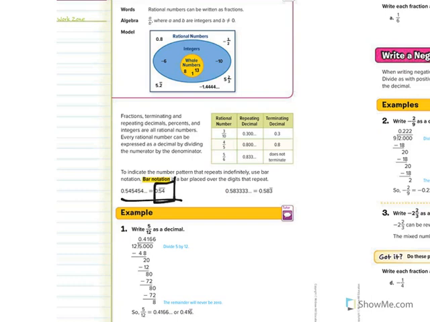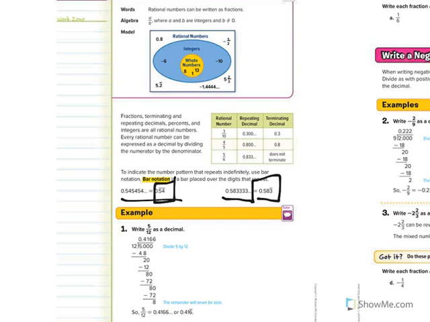You just write the digits that are repeating and place the bar over top of them. It's important that the bar is over all of the digits that are repeating. If you look at this example, 0.5833333333 and so on, the 5 and the 8 don't repeat, but the 3 does. So when you write this in bar notation, you have 583 thousandths with the bar above just the 3.